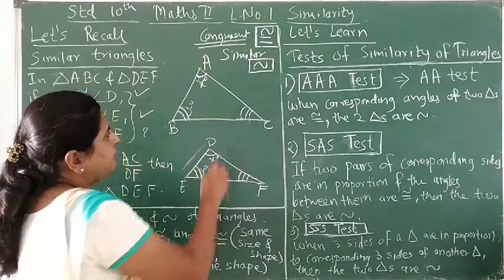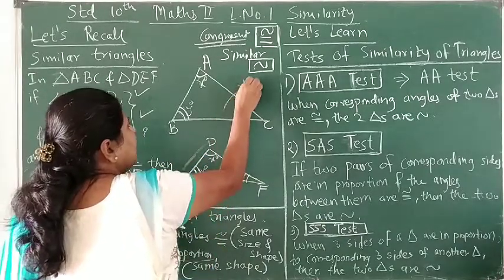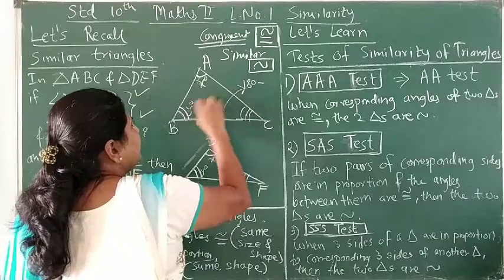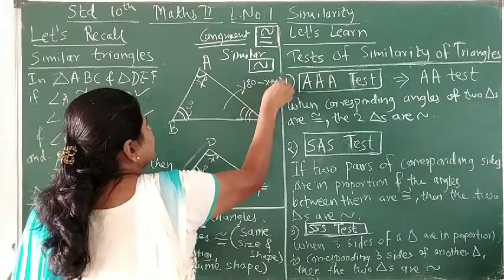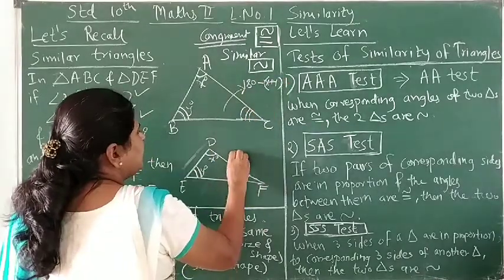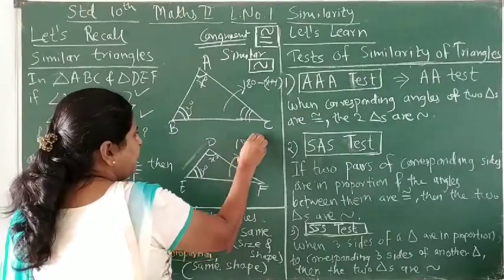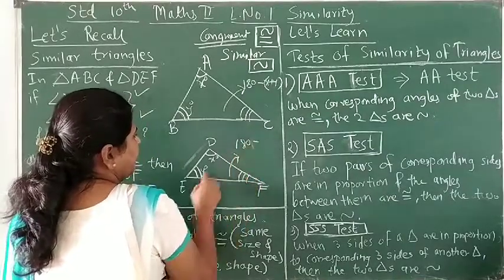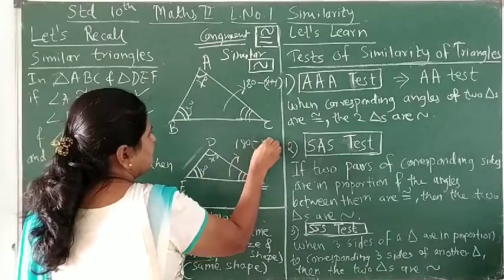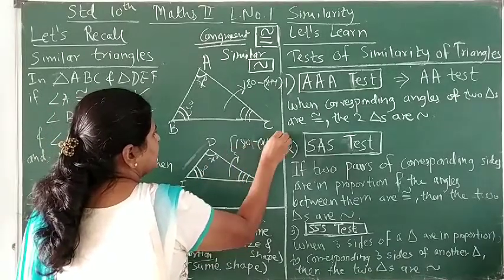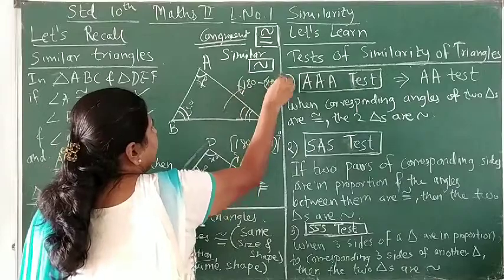Now angle C will be 180 minus the sum of these 2, that is, x plus y. Similarly here also, the measure of angle F is going to be 180 minus the sum of these 2, x plus y, degrees.